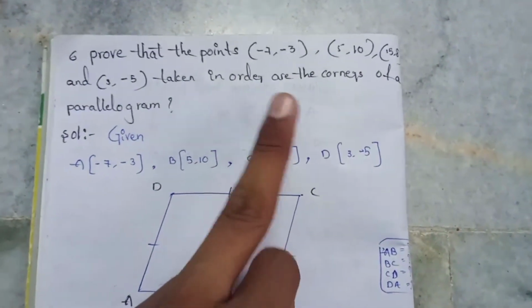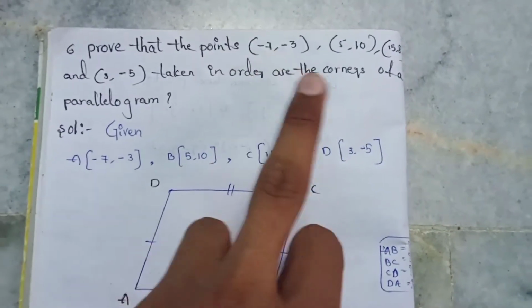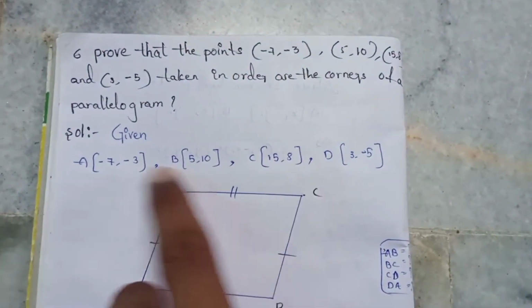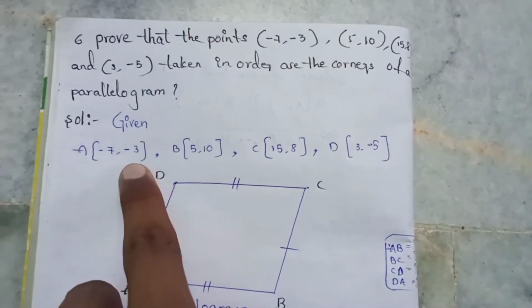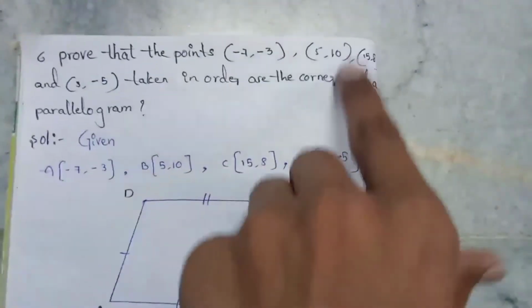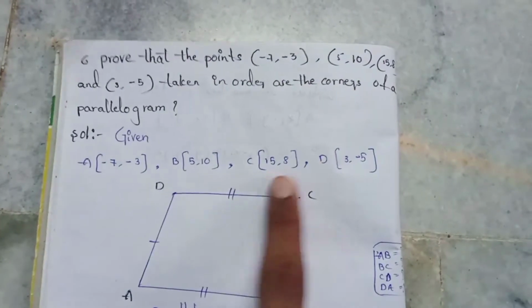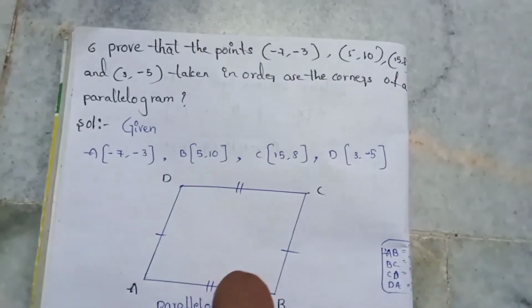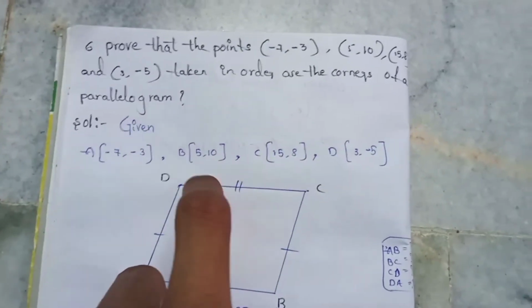I took A, B, C and D. A containing (-7, -3), B containing (5, 10), C containing (15, 8), D containing (3, -5) are the corners of a parallelogram.